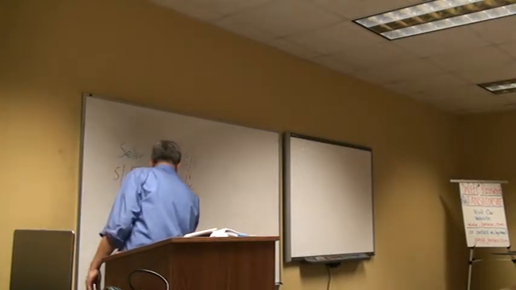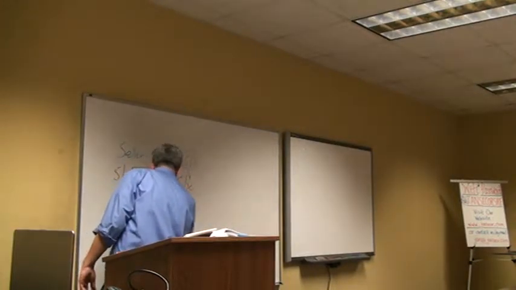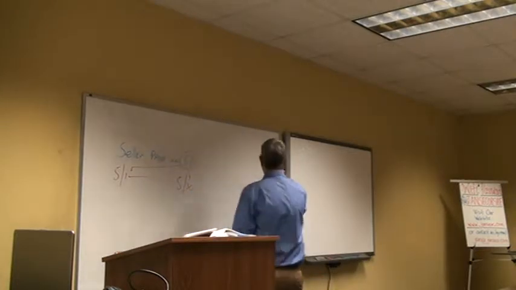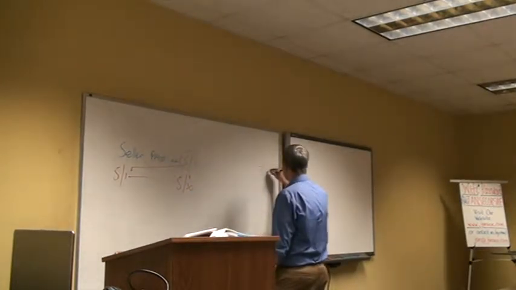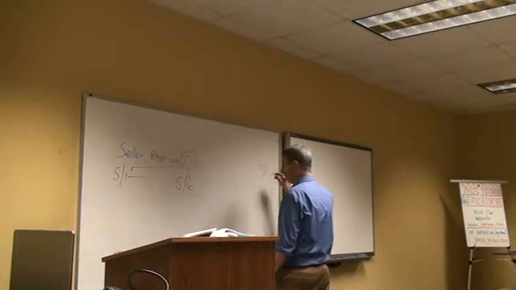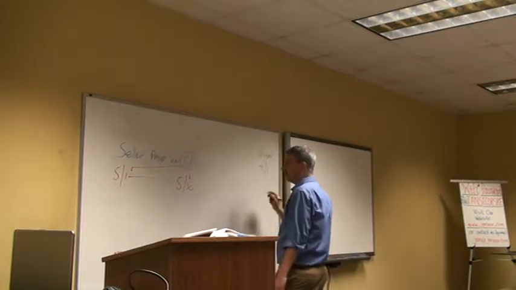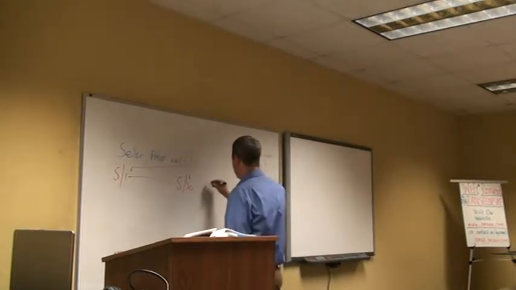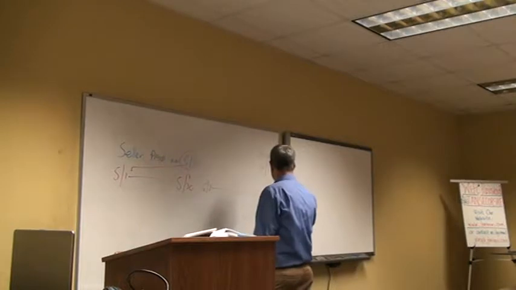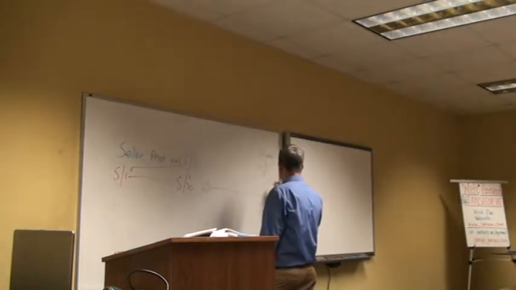All right. So let's move over here to 7/1. Who's making the payment on 7/1? The buyer. And that interest is going to be covered from 6/1 to 6/30, right?